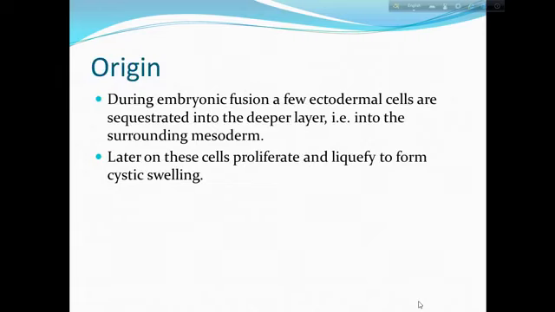Origin: during embryonic fusion, a few ectodermal cells are sequestrated into the deeper layer, into the surrounding mesoderm. Later on, these cells proliferate and liquefy to form a cystic swelling.